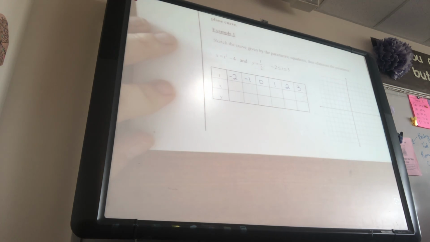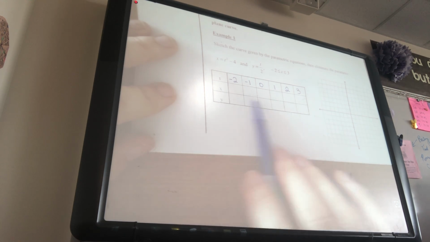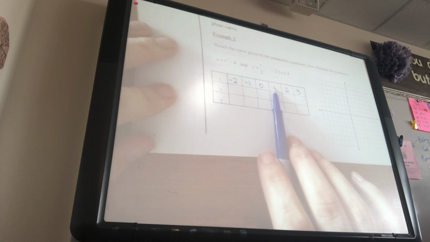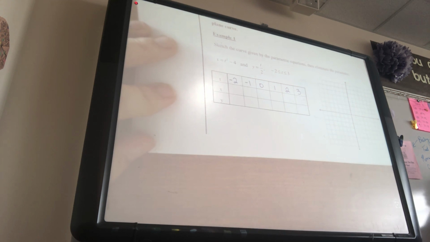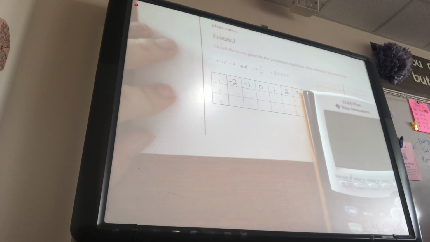All right, so what do I do to get the second row? Square t. I plug these into x, right? It's the x row, I plug it in there. You are typically awful at plugging in negative numbers and squaring them in your calculator. So, everybody really quickly for me, please.